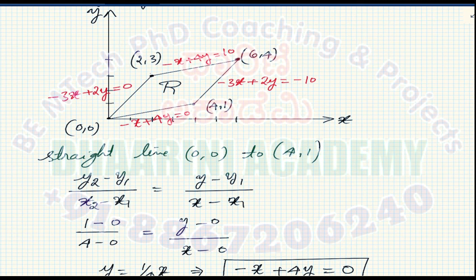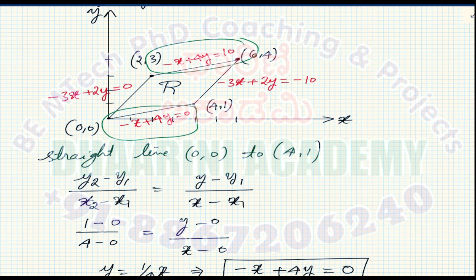Right. Now, what was our basic objective? Just recall once. We wanted to change our coordinates from x, y to some u, v. Whenever I say u, v, my integration limits should be defined in terms of u and v. Correct? Now I got a rule saying that something varies from 0 to 10, and that something is minus x plus 4y. I'm converting minus x plus 4y to u.